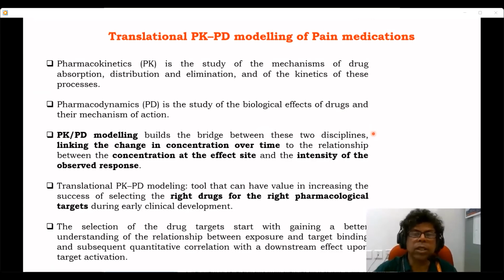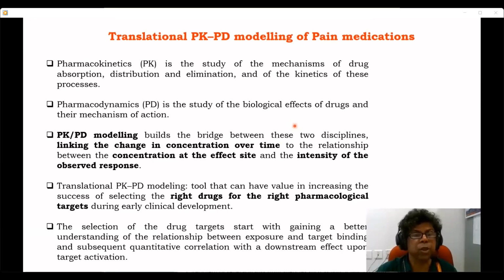But with the newer population pharmacokinetic or mathematical modeling, you do not require taking samples multiple times. I think if you take the drug and sample 2 or 3 times, you can do a mathematical modeling, and this will definitely be helpful in the case of pain medication. Taking a blood sample 10-15 times is very difficult.